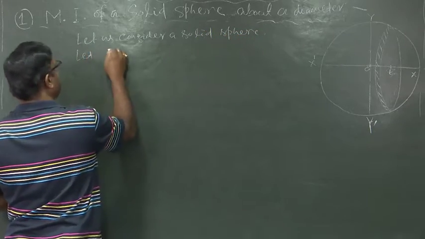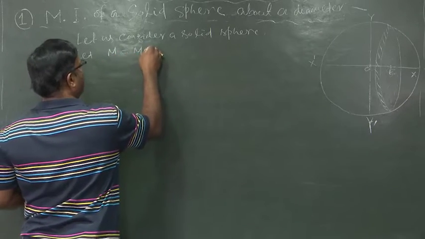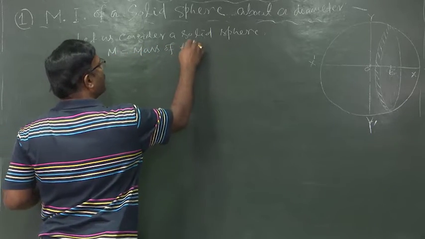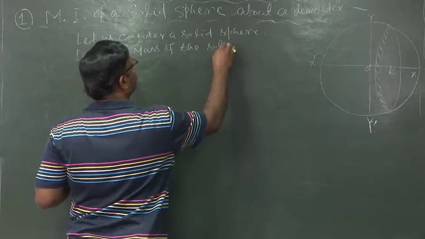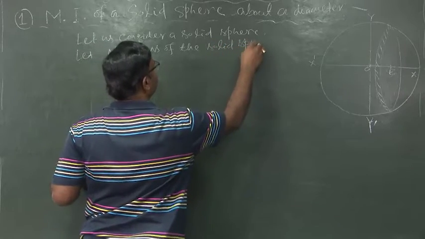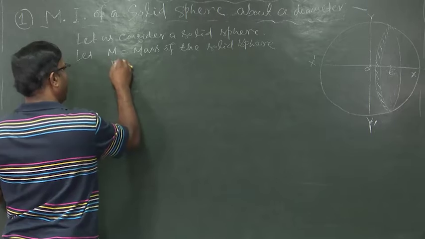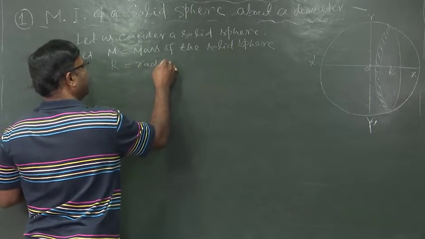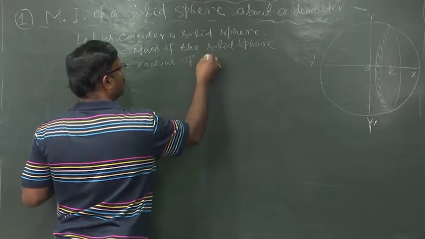Let m be the mass of the solid sphere, r the radius of the solid sphere.